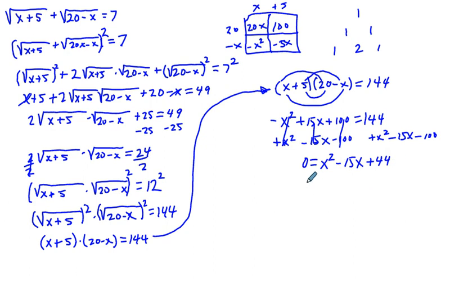So now we're going to try to solve this quadratic equation by factoring. If this equation is not factorable, we'd be left completing the square or using the quadratic formula. But often these things will be factorable, so let's go ahead and try this out. The factors of x squared are going to be x and x.